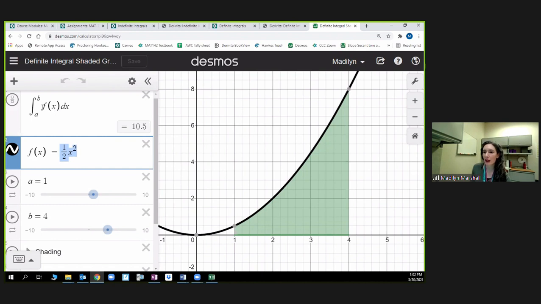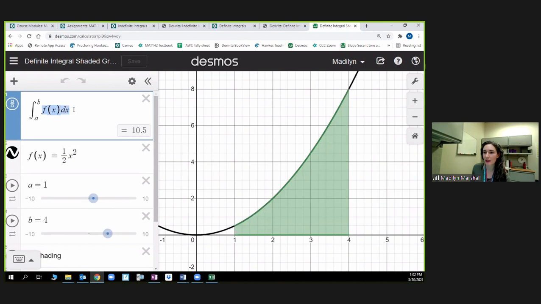And so up here I have the integral from A to B of f of x dx, and Desmos calculates that for us. So we have 10.5 in this case. So this is saying geometrically that all of this green stuff, the area of that section, is 10.5 units squared. If we were able to measure this area, it would come out to 10.5.